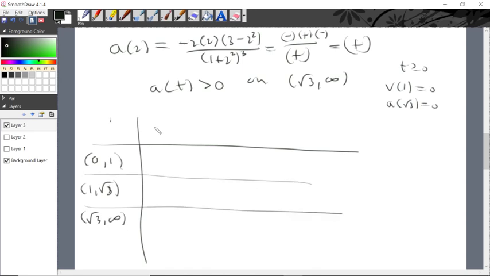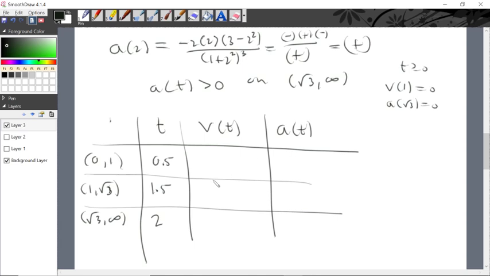And within each of those intervals, we'll choose a value of t that we could select. For instance, between 0 and 1, we could take 0.5. Between 1 and root 3, we could take 1.5. And between root 3 and infinity, something like 2. But any test value would work. Then we can see what the associated velocity is with respect to time, and I only want to know whether it's positive or negative. Similarly for the acceleration.